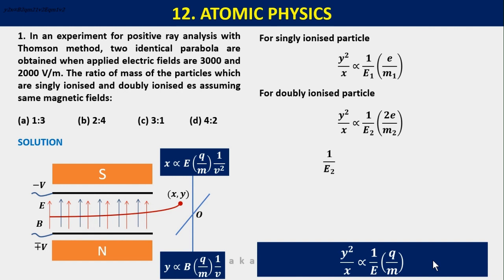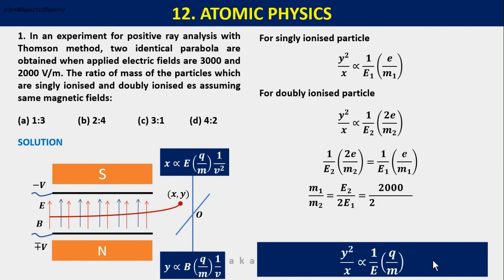So we equate these two equations: 1 by E2 times 2e by m2 equals 1 by E1 times e by m1. So we get m1 by m2 equals E2 by 2E1. As we substitute the values of E2 and E1, E2 is 2000 and E1 is 3000, we get the final answer m1 by m2 equals 1 upon 3. The right answer is 1 is to 3.